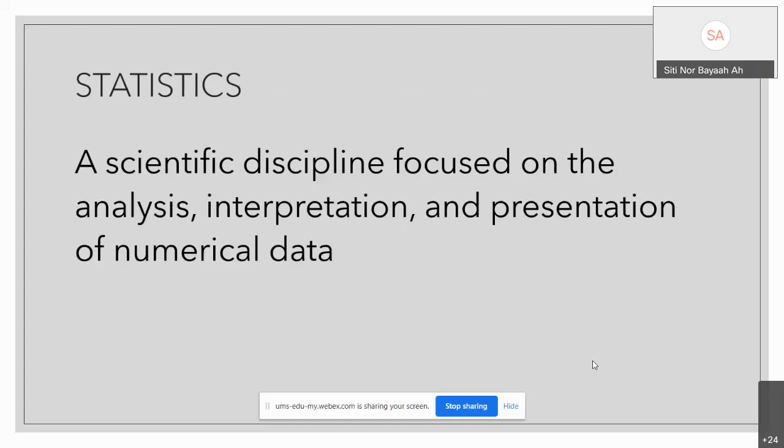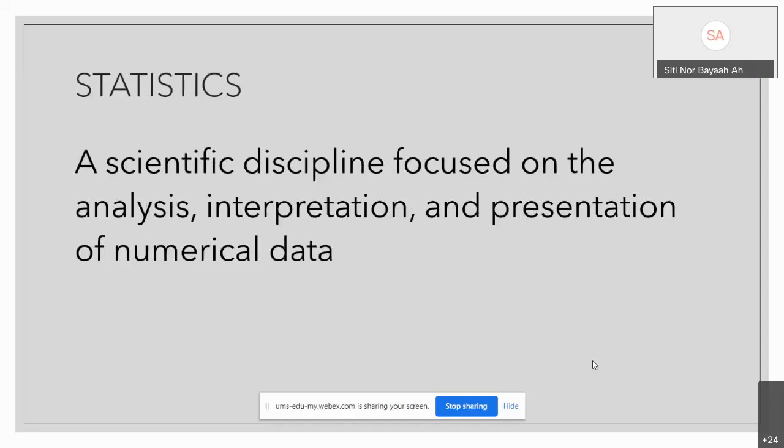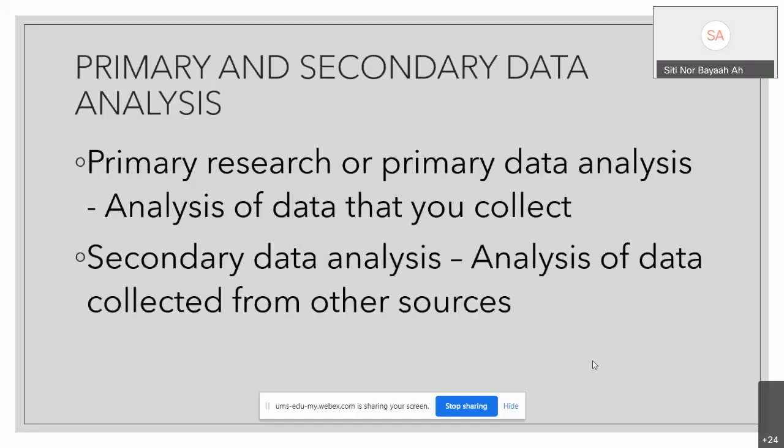Okay, so continuing, you use quantitative data analysis. Statistics is a method or discipline focused on the analysis, interpretation, and presentation of numerical data. Coming to the types of data analysis, everyone knows you have two types.